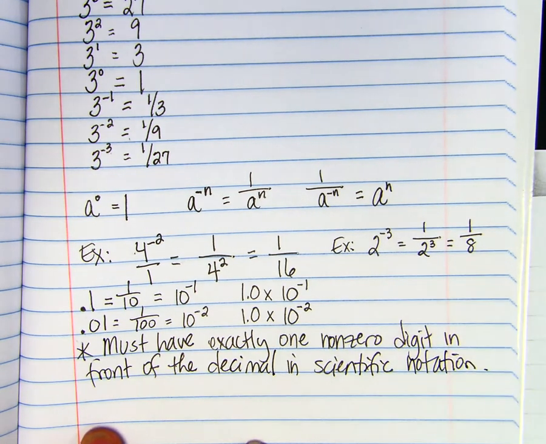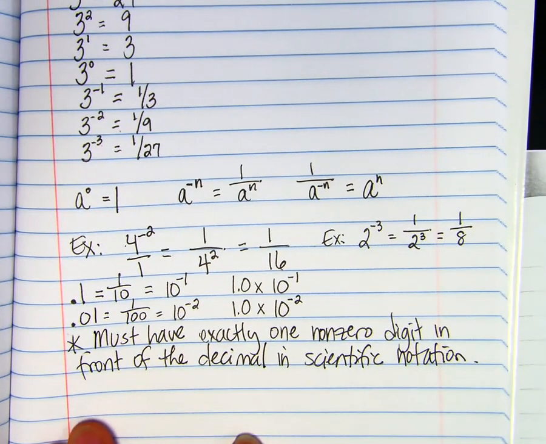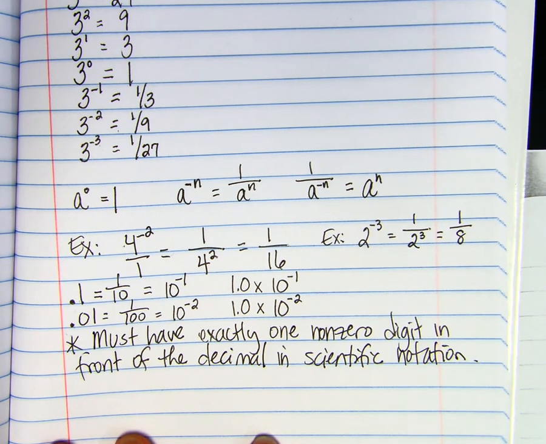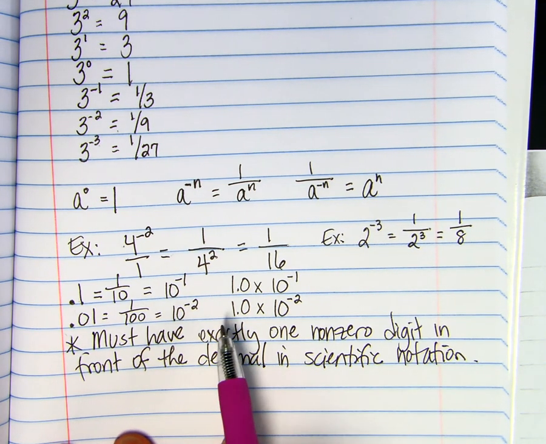I added this word to our notes. So when you are asked to write something in scientific notation, you have to have exactly 1 non-zero digit to the left of the decimal point.